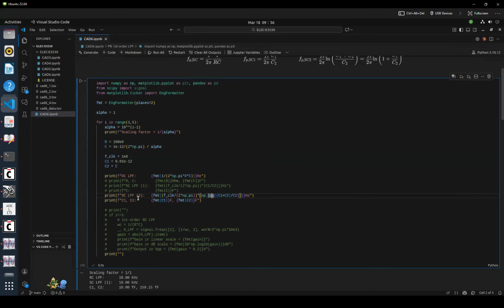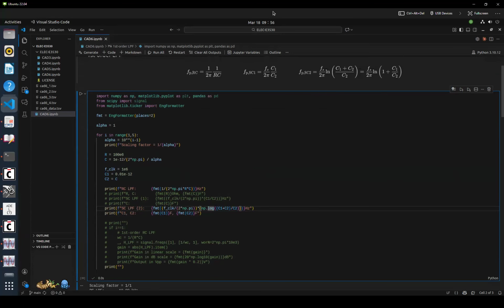Then this one calculates the equation of SC low pass filter 2: fs over 2 pi, fs over 2 pi, and ln, which is natural log, and c1 over c2 here. We can also rewrite c2 as 1 and c1 over c2 here. So the equation is basically the same.